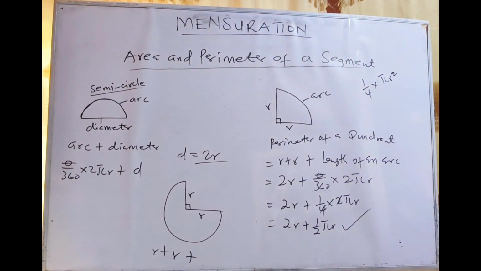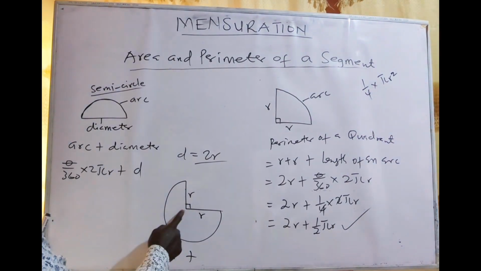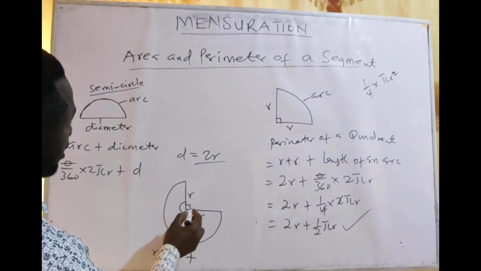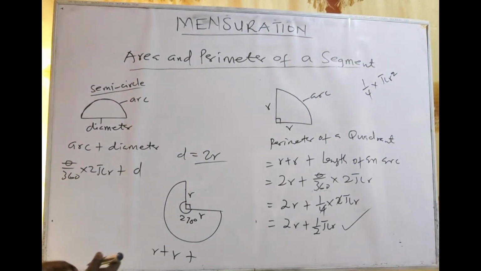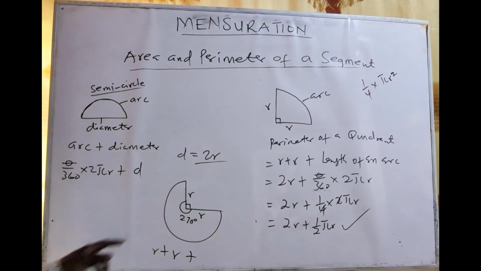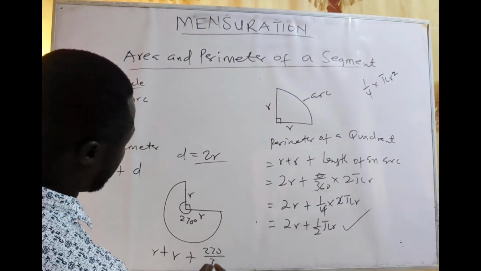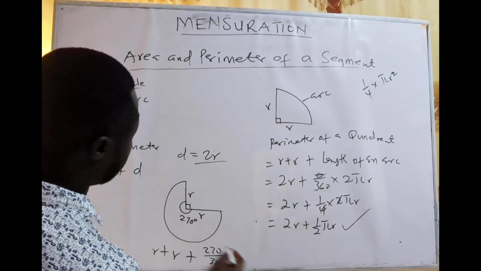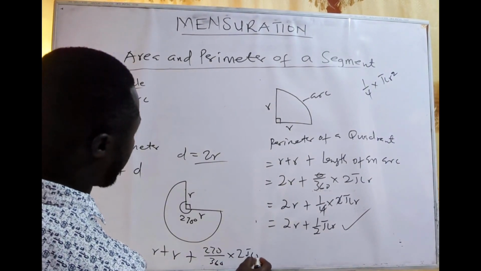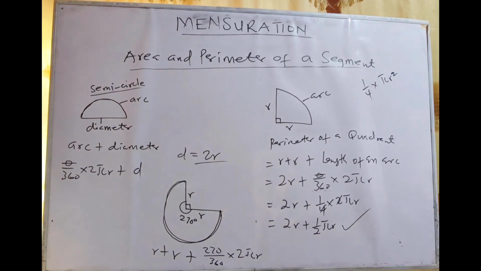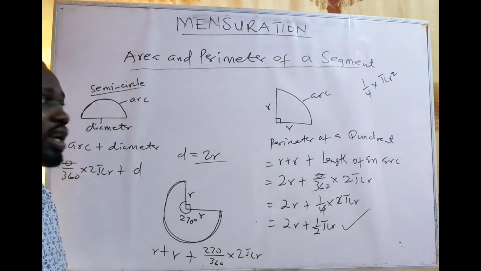Even if you are not given it, if here is 90, you subtract 90 from 360 and you get the angle here as 270 degrees, because 270 plus 90 gives 360. So that will be 270 over 360 times 2 pi r, and you get the length of this particular arc.